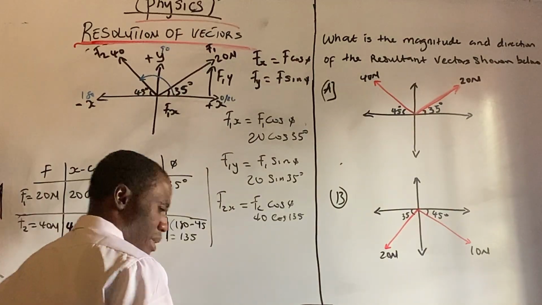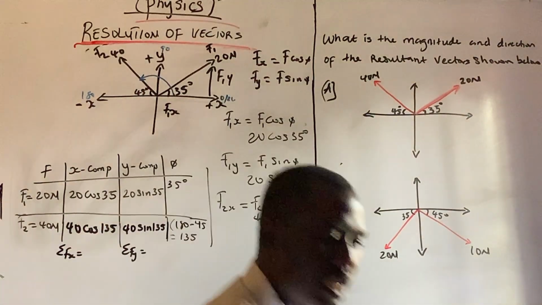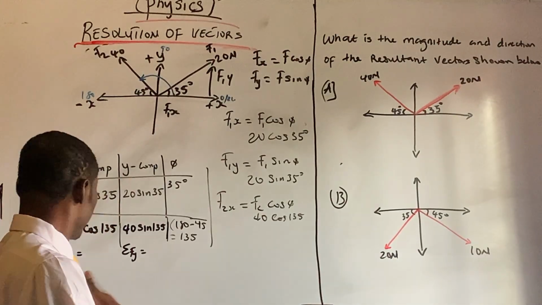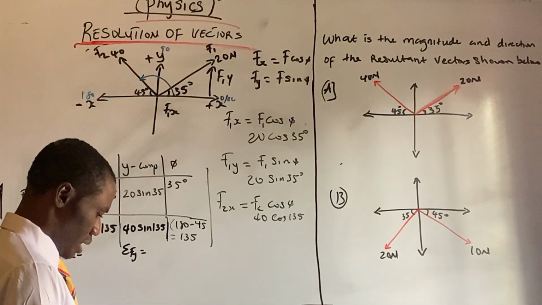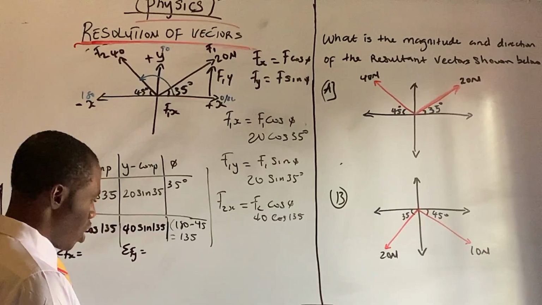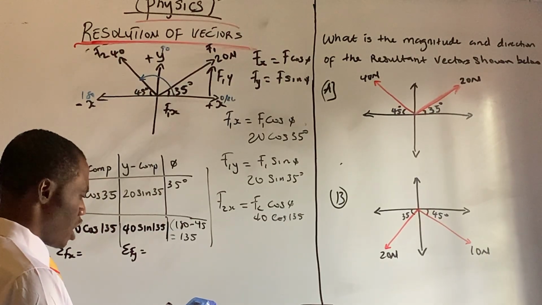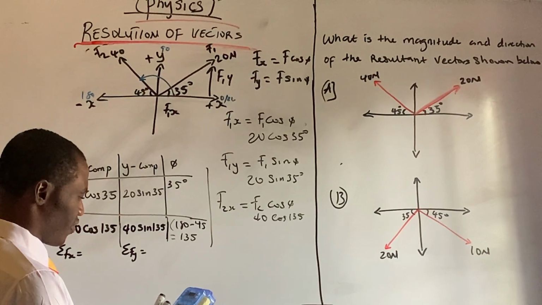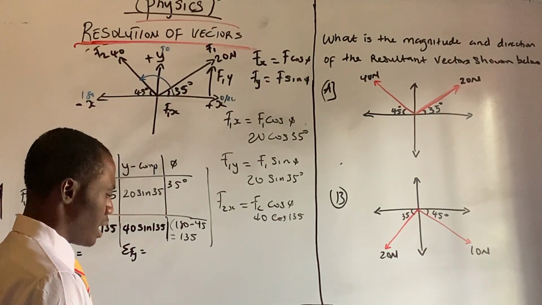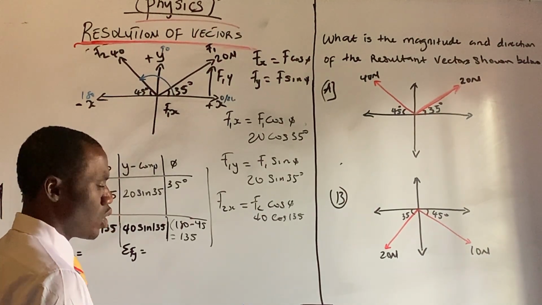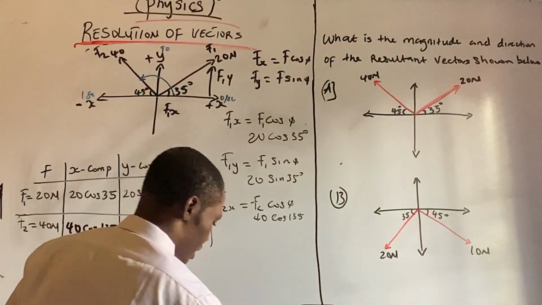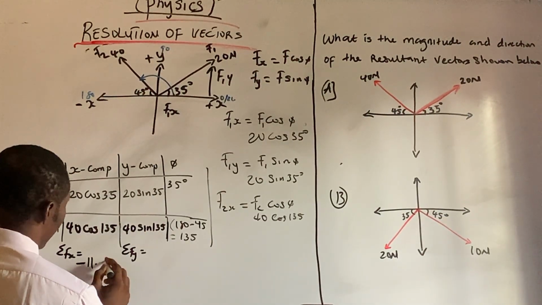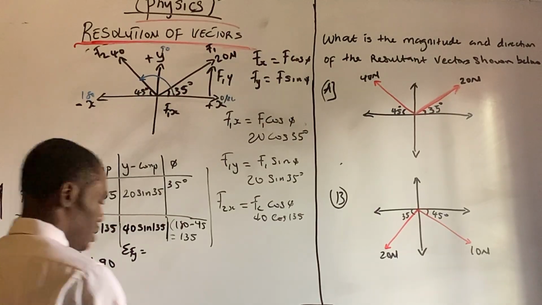Okay, now my sum of x components will be equal to, and my sum of y components will be equal to, now let's do the maths. All right, this is my calculator now. The calculator is saying that 20 cos 35 plus 40 cos 135 will give me negative 11.90. So let's do the next one.